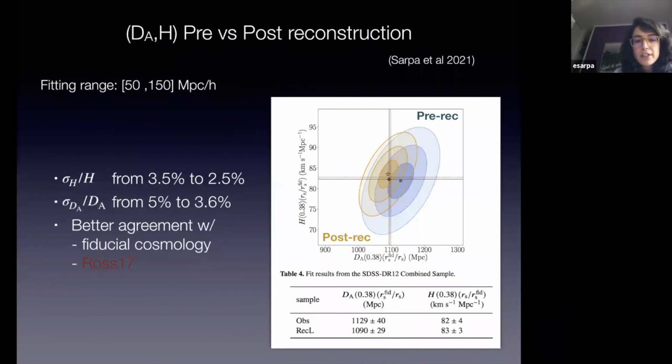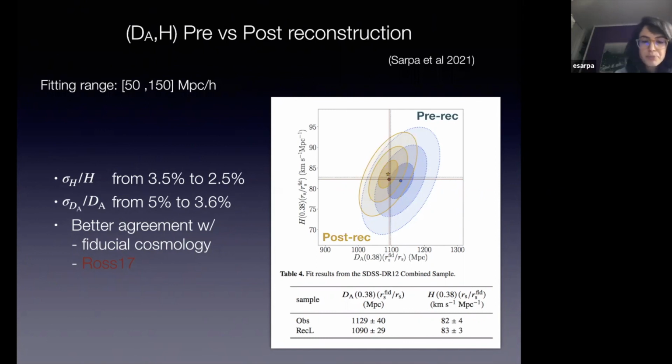So we then showed the results of the fitting of our wedges, and here, instead of directly focusing on the alpha parameters, we convert them into estimates of the Hubble parameter and the angular diameter distance. And what we saw is that the uncertainty on the Hubble parameter is reduced from 3.5% to 2.2%, and that on the angular diameter distance is reduced from 5 to 3.6%.